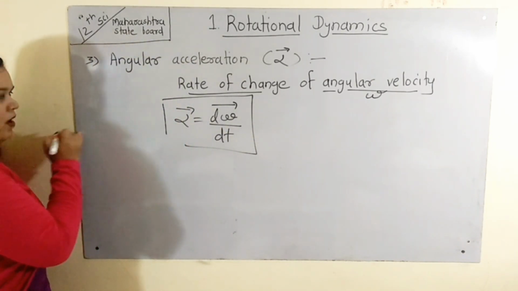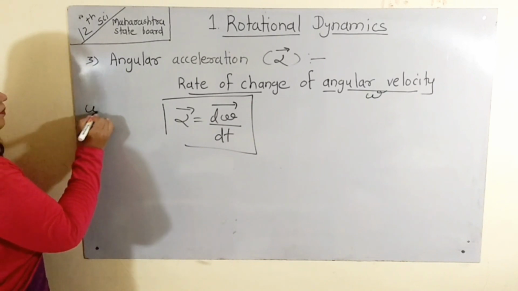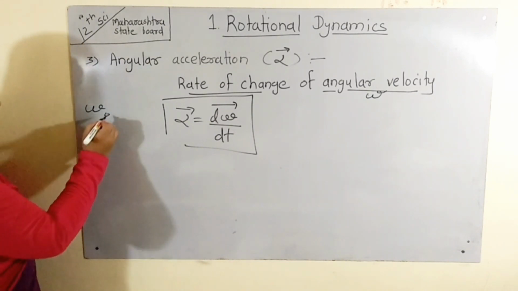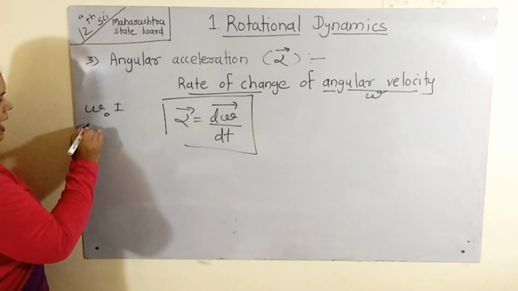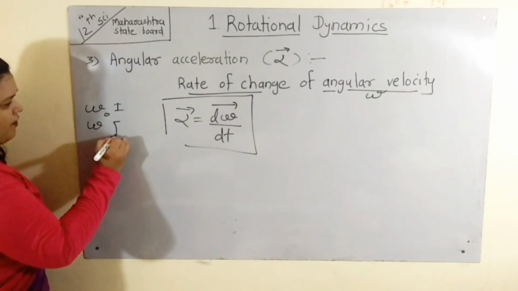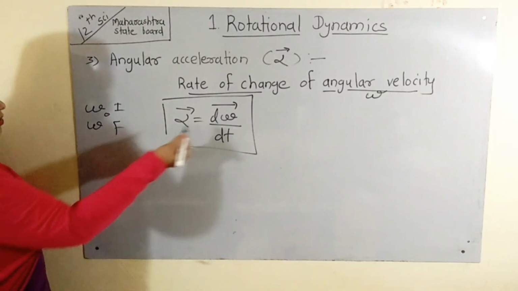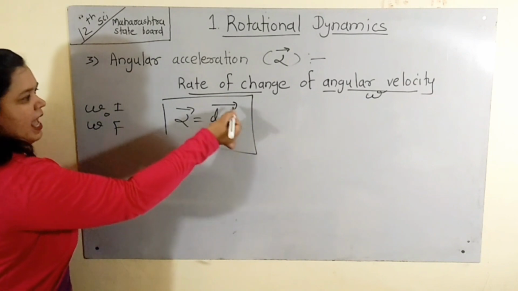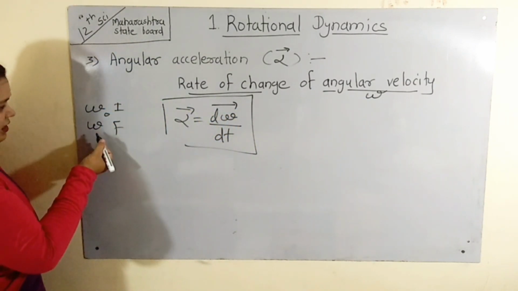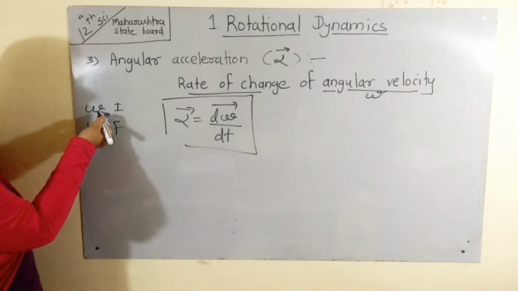Now if we have two angular velocities, suppose omega 0 is the initial value and omega is the final value, then we know that the change in angular velocity is nothing but final minus initial.